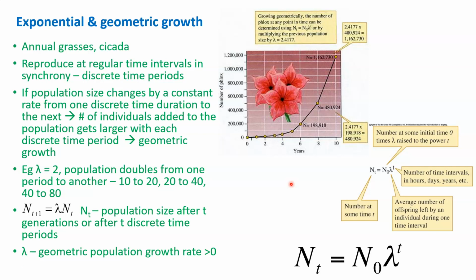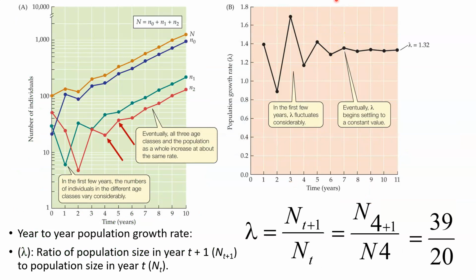Now, in this case, the population size changes by a constant rate from one discrete time duration to the next. Now, remember, why am I calling this a constant rate? Remember how we calculated lambda earlier, right? We did realize that the population growth rate fluctuated significantly earlier, but down the road it stabilizes.